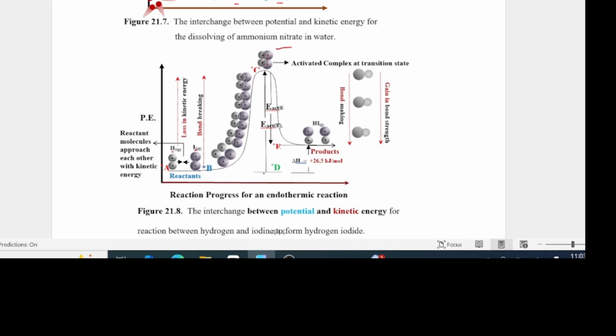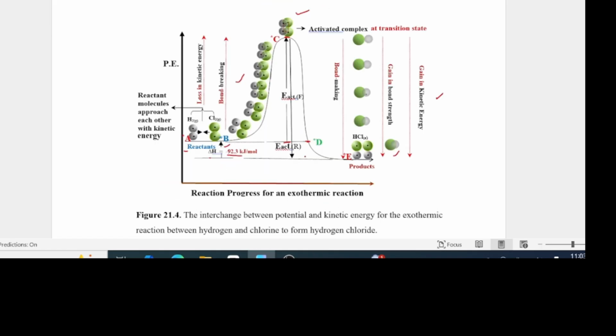You can see that the energy of activation in the reverse direction is less than that for the energy of activation in the forward direction, as opposed to what happened in the exothermic change, where the energy of activation for the forward reaction was less than that for the reverse reaction. And there's a difference in these two activation energies that reflects the entropy change for the reaction.